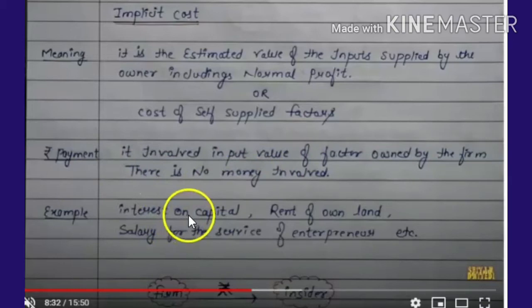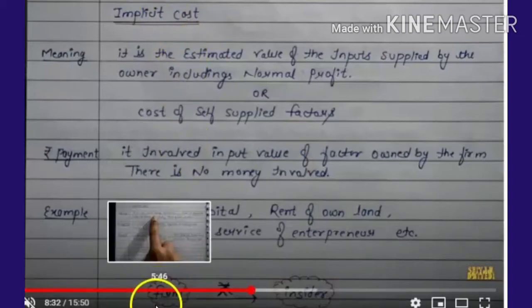For example, interest on capital, rent of own land, salary for the services of the entrepreneur, etc. Salary for the services of the entrepreneur means sometimes he may also come for the job, or he may also help the laborer, so it may reduce one labor's charge, so that may also be considered as implicit cost.